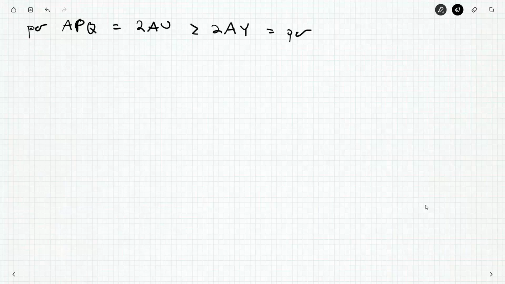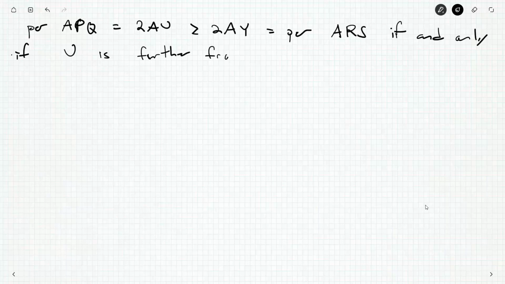So the perimeter of APQ is equal to 2AU, which is greater than or equal to 2AY, which is equal to the perimeter of ARS, if and only if U is further from A than Y is.